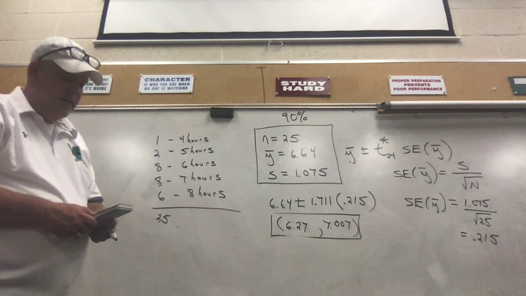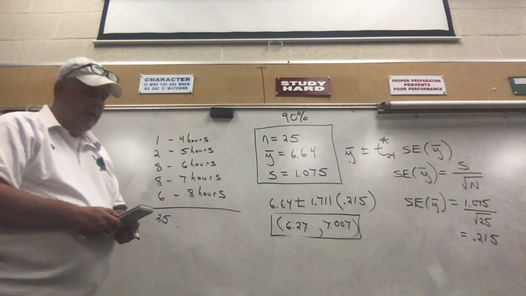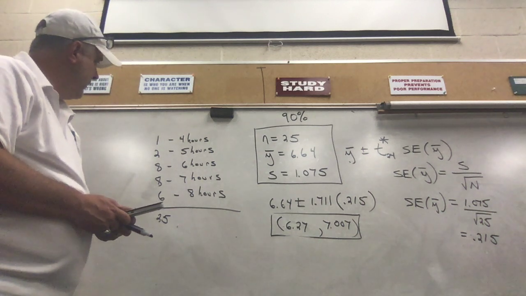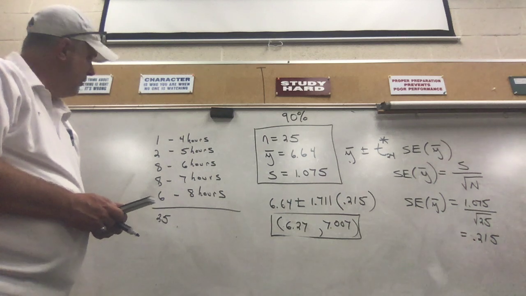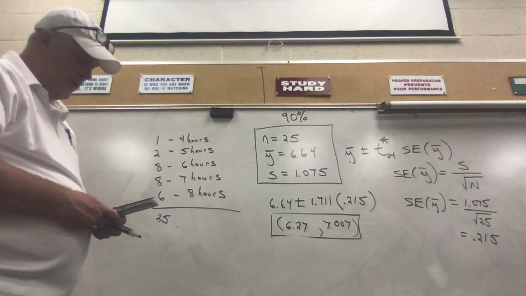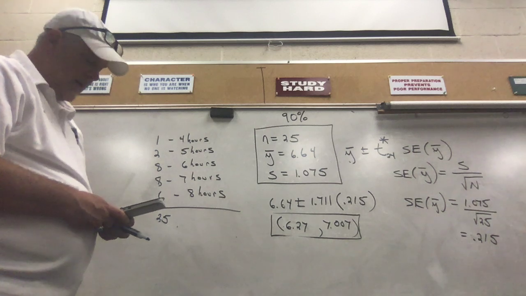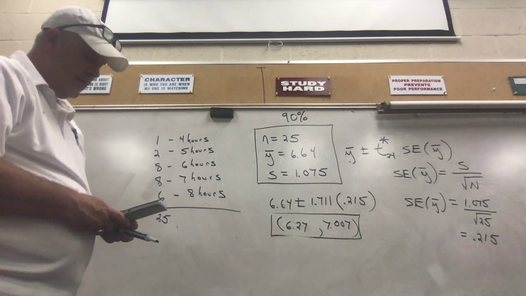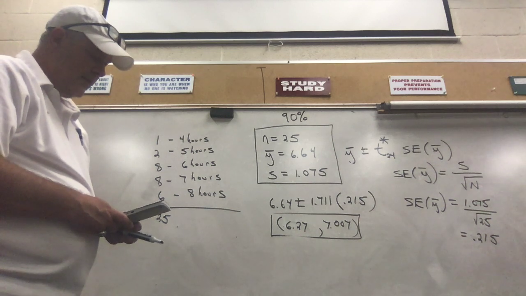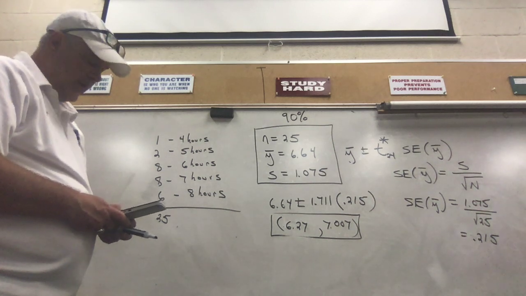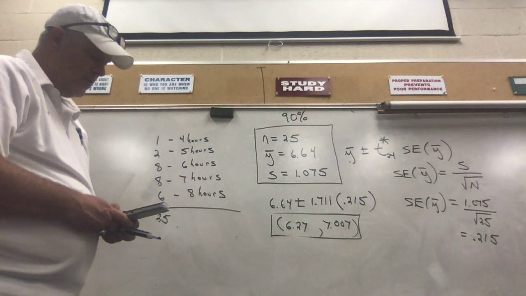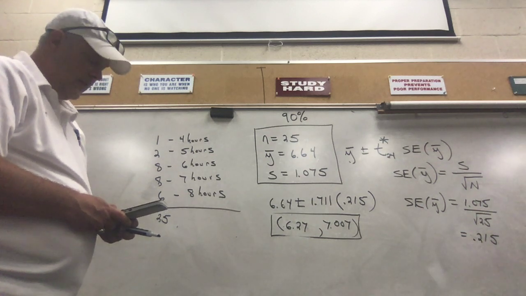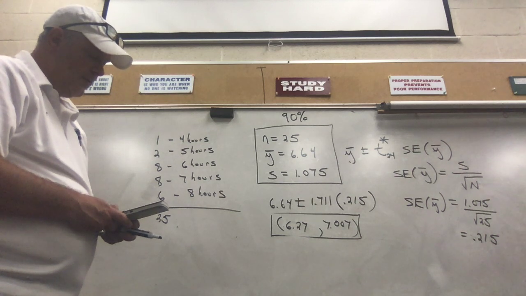Go to stat, edit, my bad, there's my list, it's been a while since I've done it. We're going to type these in. I've got one 4, two 5s, eight 6s, and eight 7s, and six 8s.